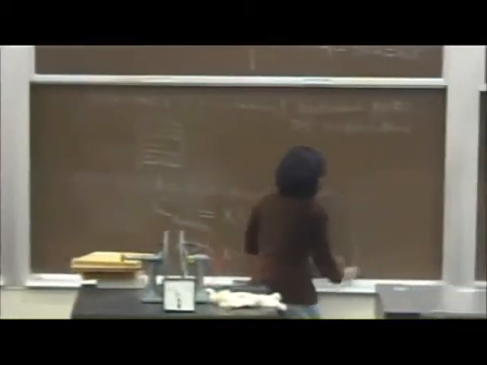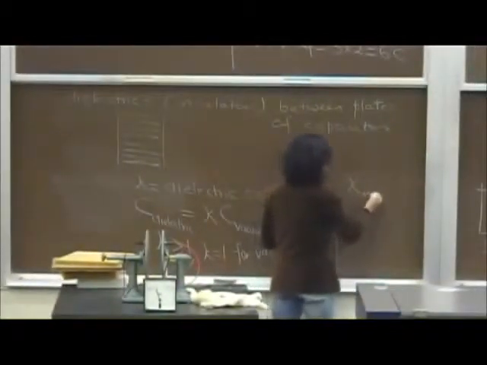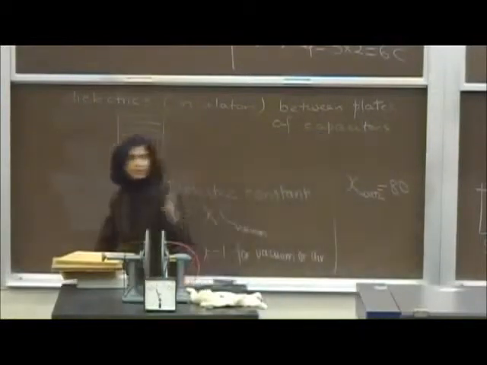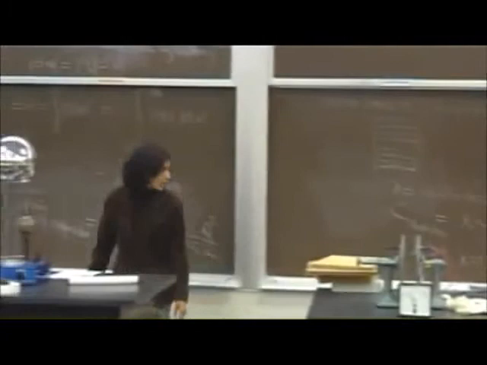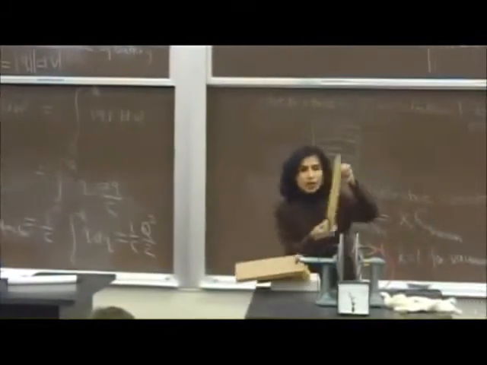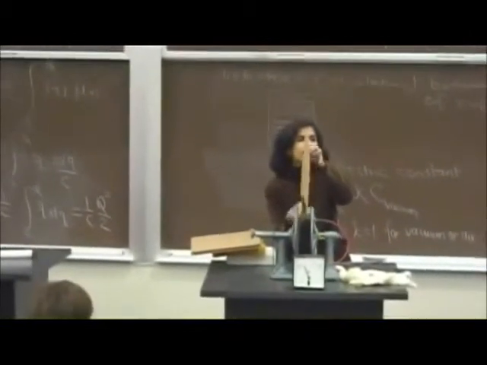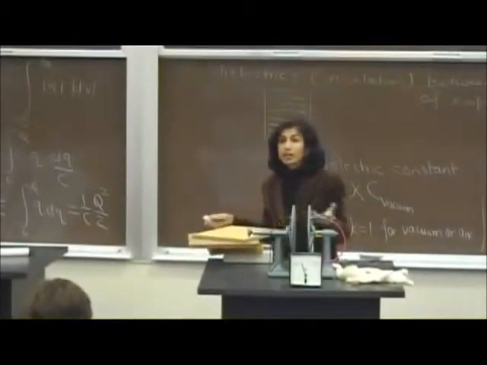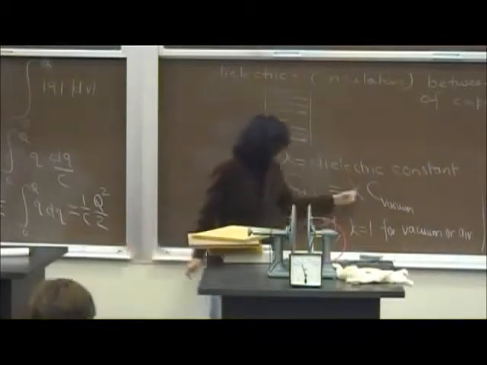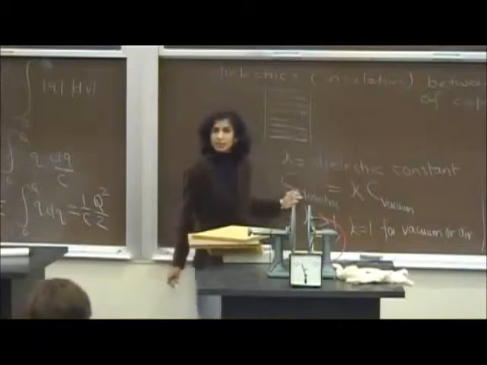For example, kappa for water, as I said, is 80. For different materials, it's different. So what does it tell you? As soon as I put a dielectric in, what happens to the capacitance, folks? It will go up. If kappa is always greater than 1, as soon as I put the dielectric in, the capacitance will go up.